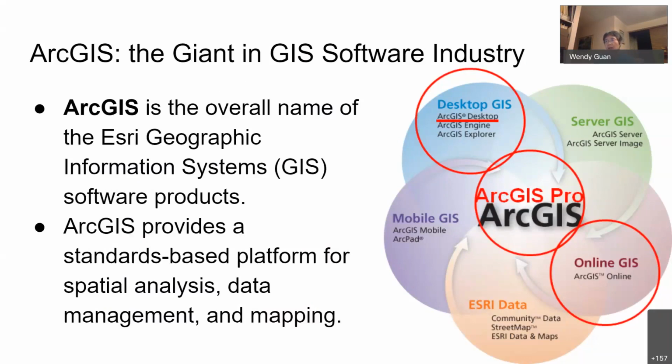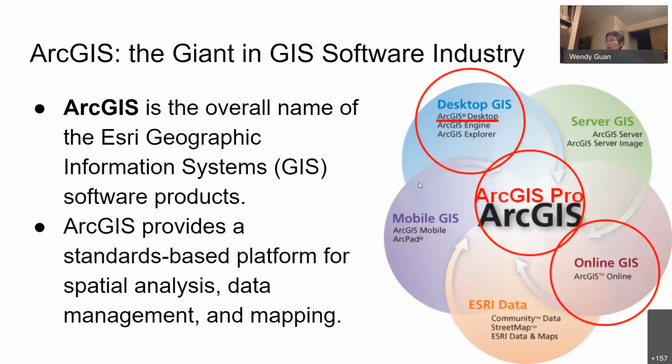It is an overall name of the Esri Geospatial Information Systems family of products. It provides a standards-based platform for data management, for spatial analysis, and for mapping and visualization. So all three tiers are covered.